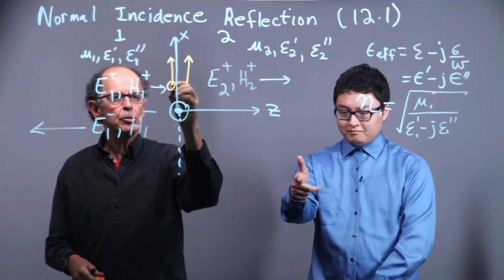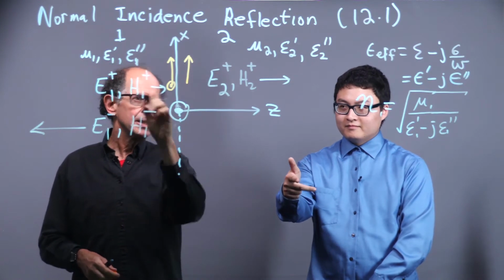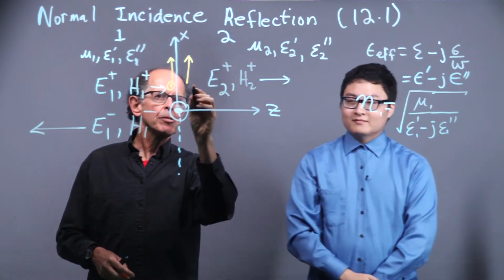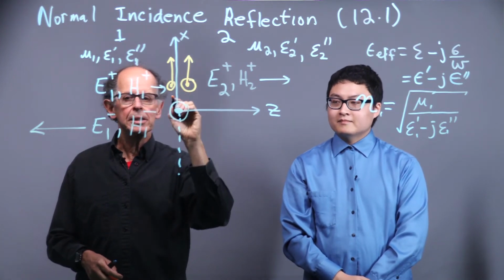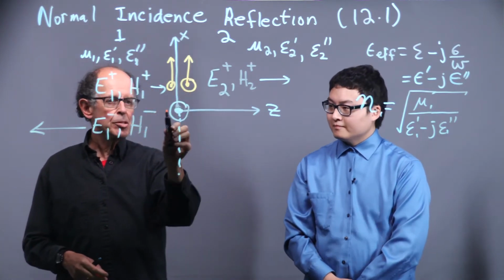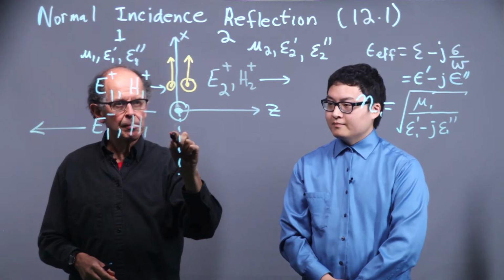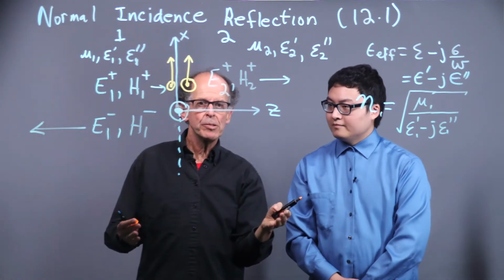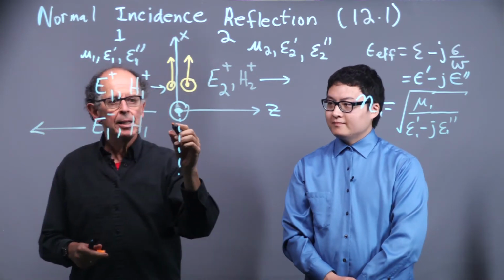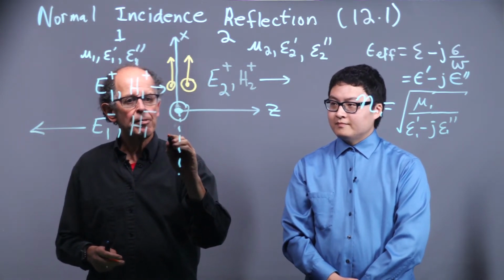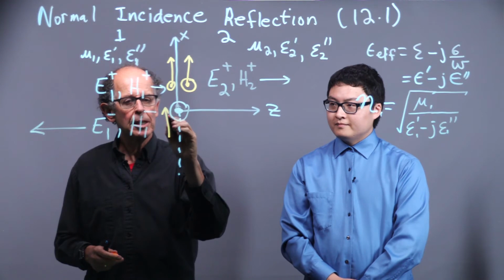So there's H coming in, and going through, same direction, relatively speaking, it's that one. Now, E1 minus is still parallel, and that's from transmission lines, right? Remember, the voltage reflected the same way. So we have the voltage that way.